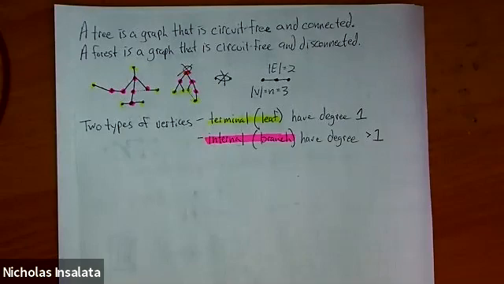By contradiction? Okay, say more, David. How do you mean? Okay, there's a tree that has more edges than vertices, or even an equal number of edges and vertices.